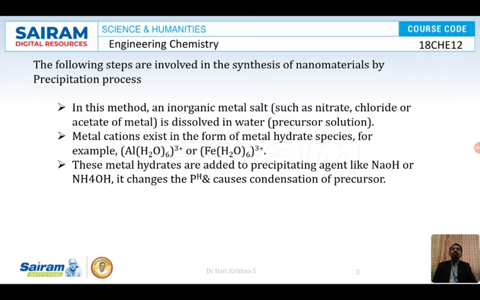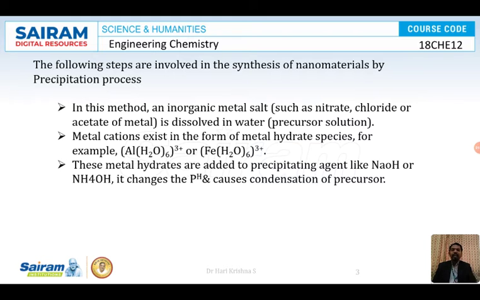The various steps involved in the synthesis of nanoparticles by the precipitation method are as follows. Metal cations exist in the form of hydrated metal species, for example hydrated aluminium or hydrated iron. We hydrolyze these species by adding a base solution such as sodium hydroxide or ammonium hydroxide.